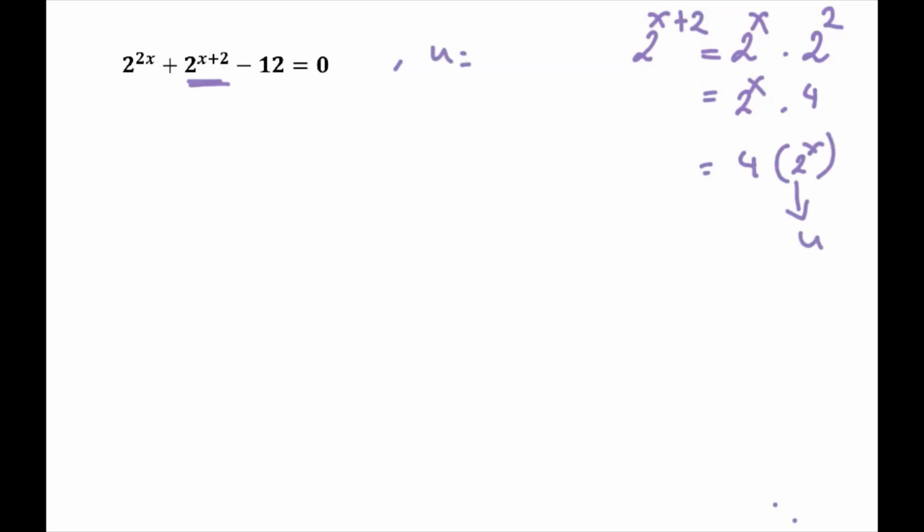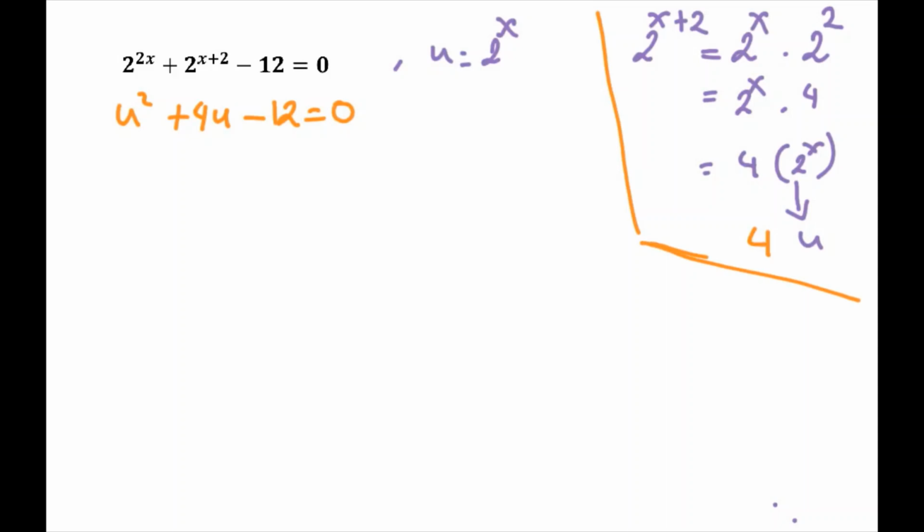Now this is going to be your u. So u is 2 to the power of x. And here we can say u squared. And now we know it's 4u, right? Plus 4u minus 12 equals 0. Okay, guys, that's the reason why it's 4u.